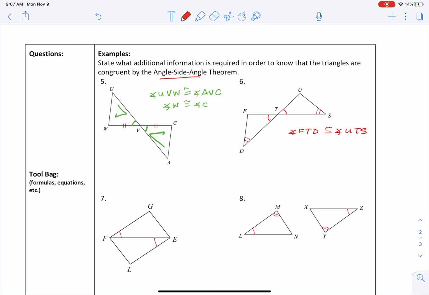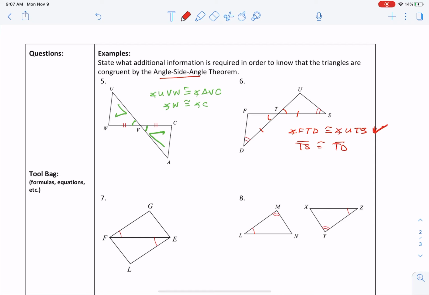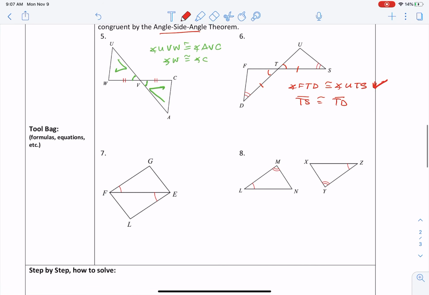And then I need to be able to say that side TS is congruent to side TD. So even though we know this because of vertical angles, it still has to be stated to use that theorem.